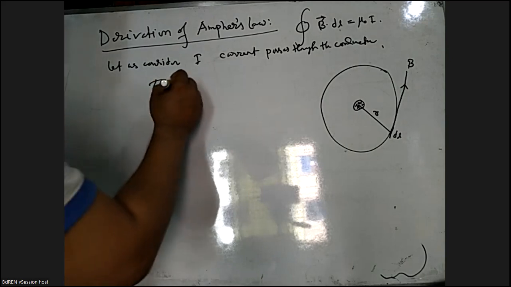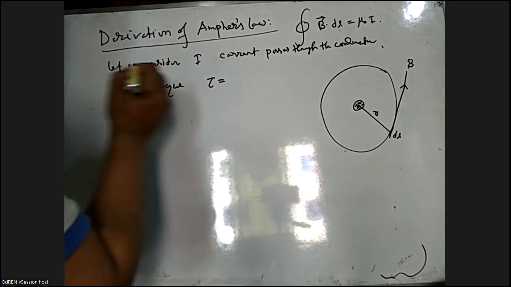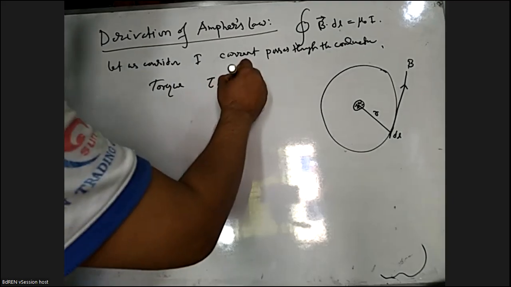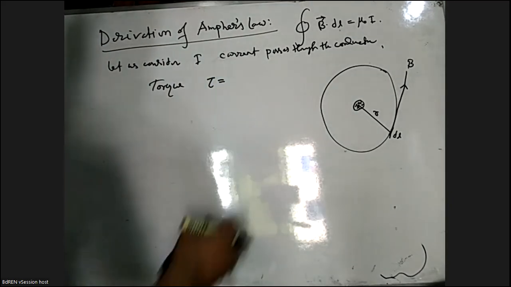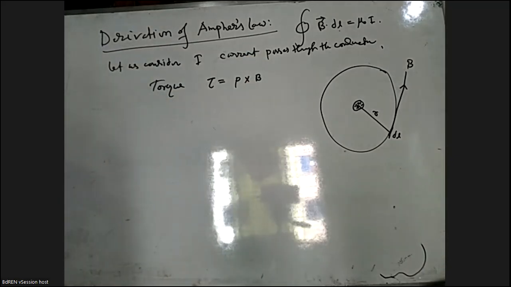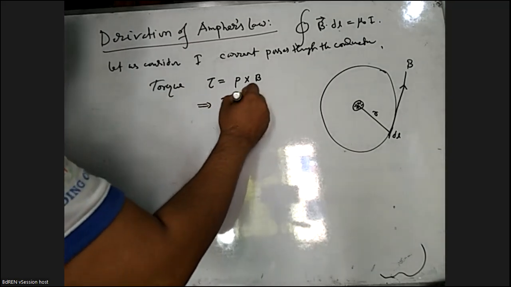Torque tau can be written as the cross product of P with the magnetic field. That means we can write tau is proportional to B.